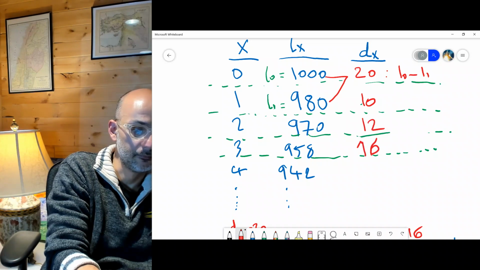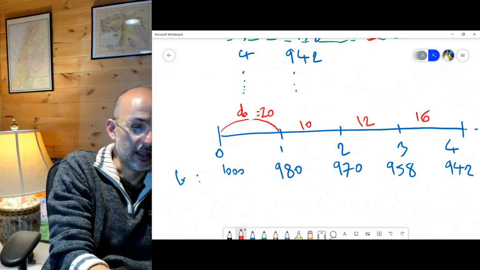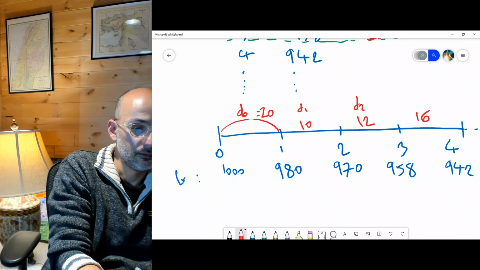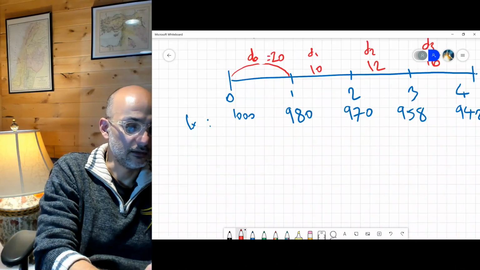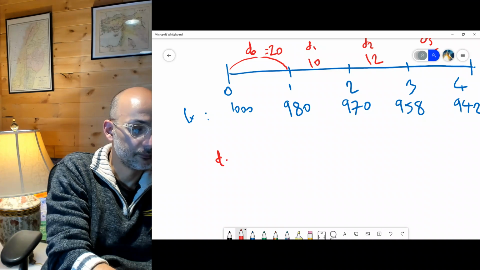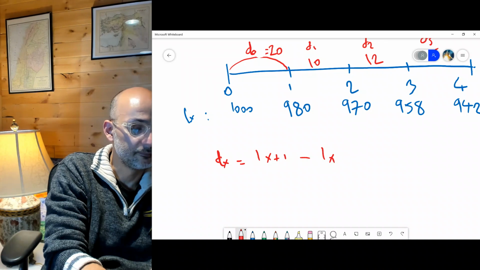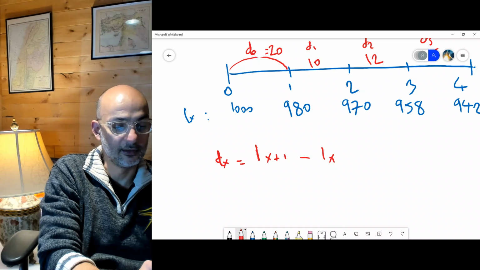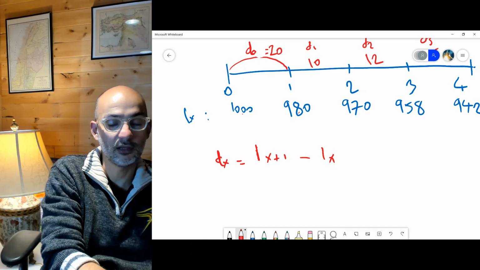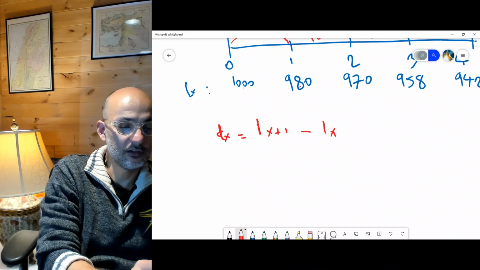These are numbers, not l. And these can be d0, d1, d2, d3. It's simple. If we summarize, dx will be lx+1 minus lx, with the sign reversed: the cohort at the beginning of the period minus the cohort at the end of the period gives you the deaths for that period. It's simple, but we're going to develop this notation further.